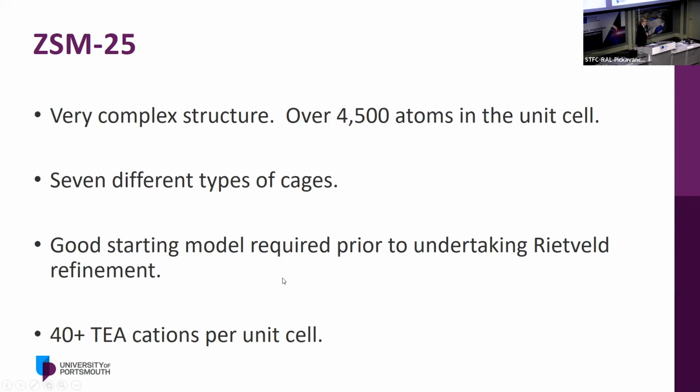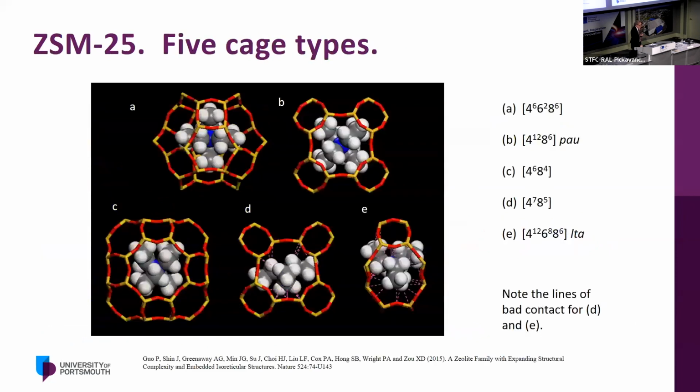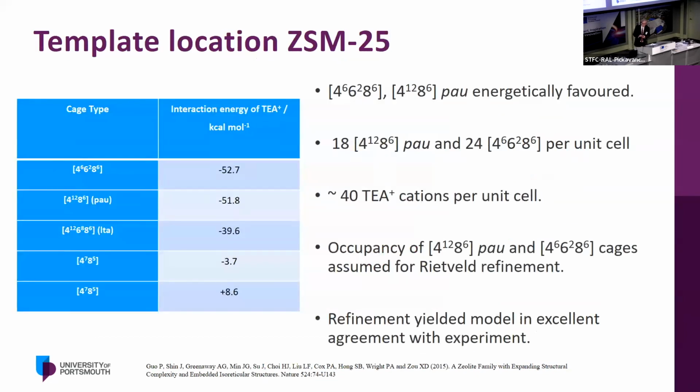But what we were interested in doing here is in locating where the TEA, the tetraethyl ammonium cations, are located within the framework. So there are seven different types of cage there. There are 5 which can realistically accommodate TEA within them. And so with the modeling, we looked at all of those 5 different types of cages and calculated the interaction energies.